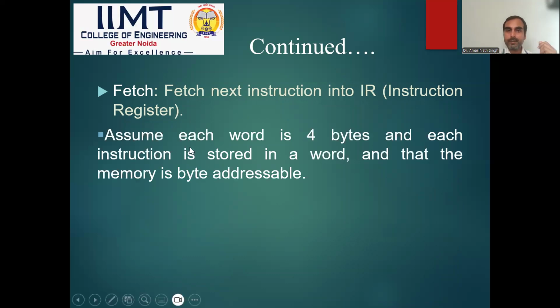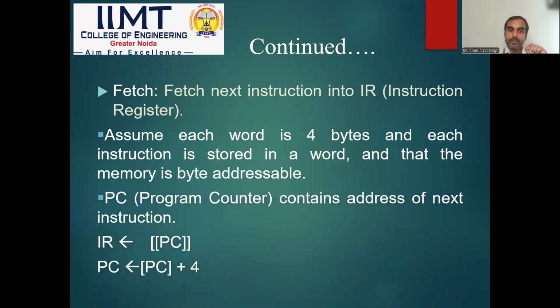Here I've taken one example. Let's say I have an instruction where the word size is 4 bytes. Then every instruction is stored in a word, and the memory is byte addressable by means of this register. If I consider the PC, it gets updated in terms of the IR value, and the word size is added so that the PC is updated accordingly.